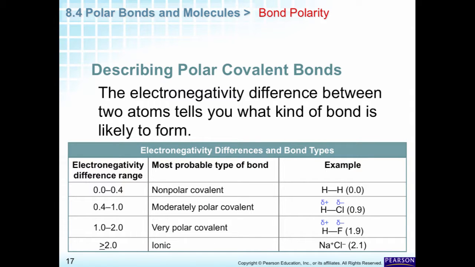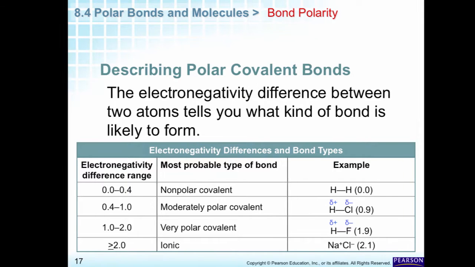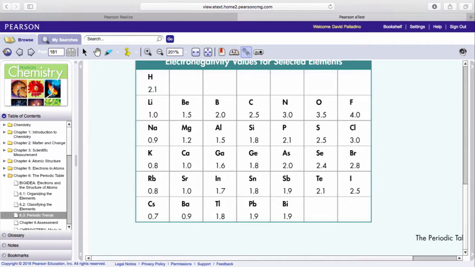Now, we do have a chart here that shows what type of bond we have. Usually we have anything that is less than 0.4 electronegativity difference. So if we go back to our chart and look at, for instance, oxygen and chlorine, if you formed a compound with oxygen and chlorine, you would be at 0.5.